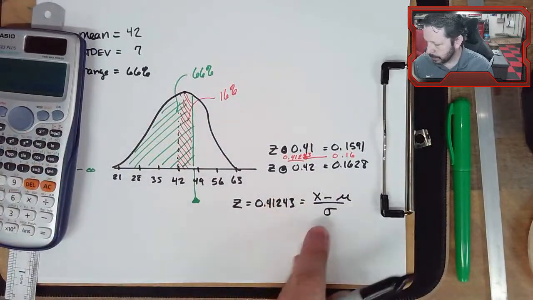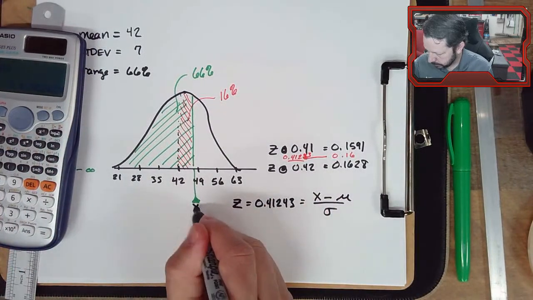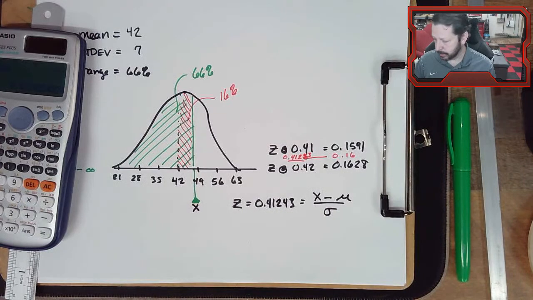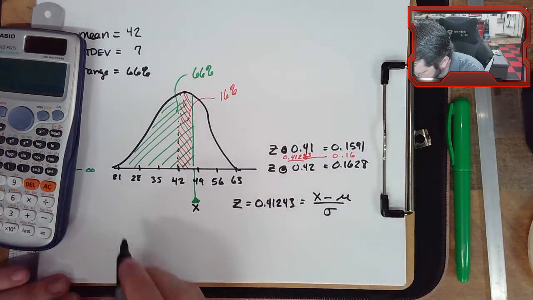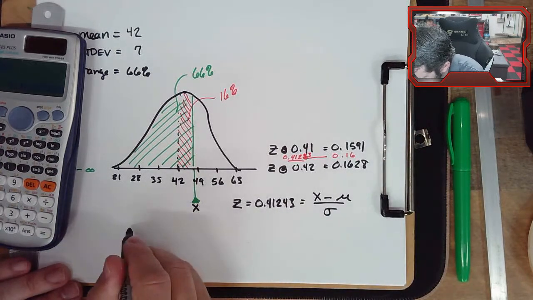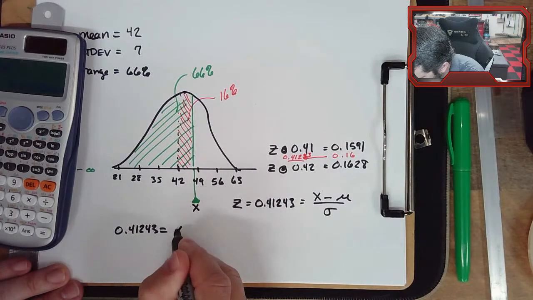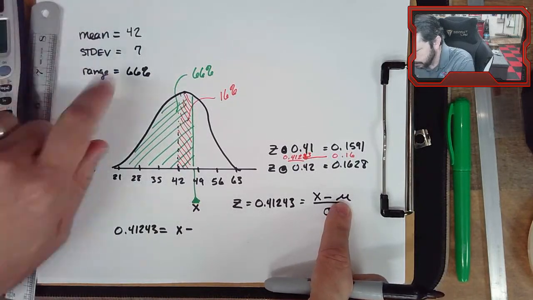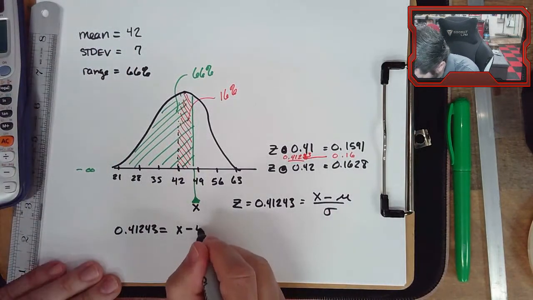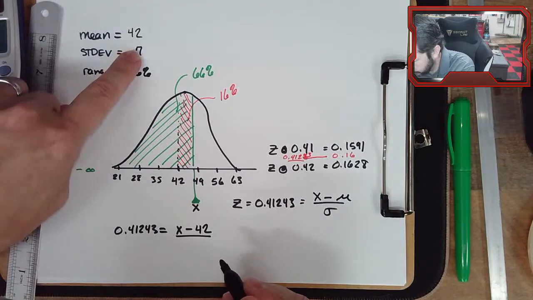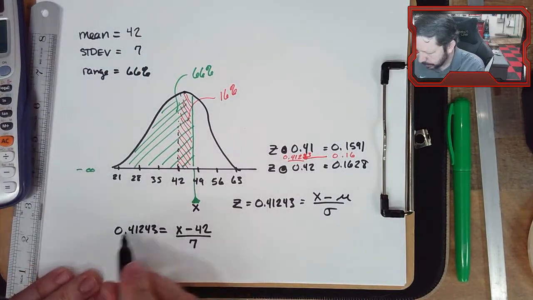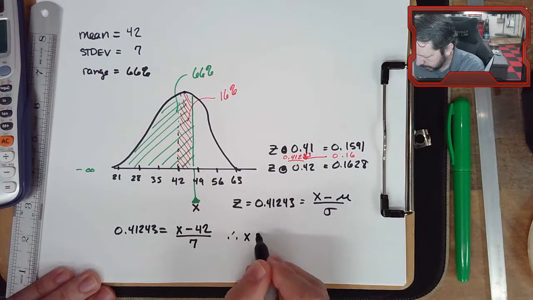So I've got an equation where x, this is x right here. That's the number I'm trying to solve for. So x, I don't know. z is 0.41243 equals x minus the mean we said was 42 divided by standard deviation we said was 7. So I can solve this equation for x.